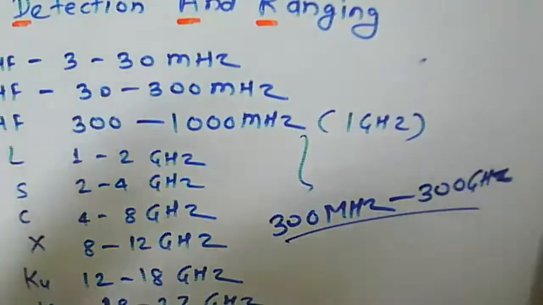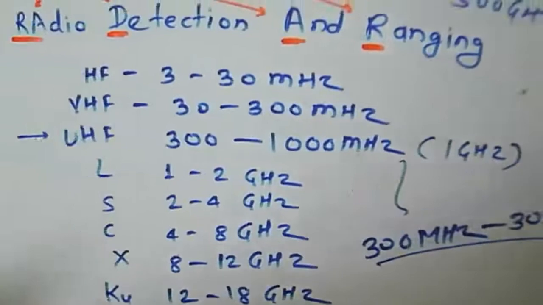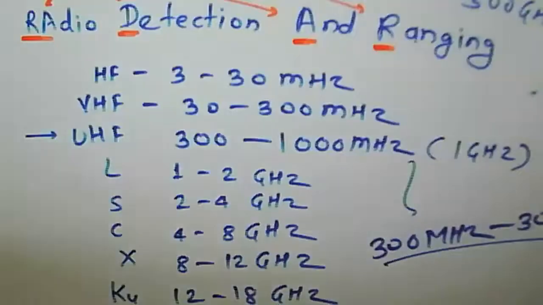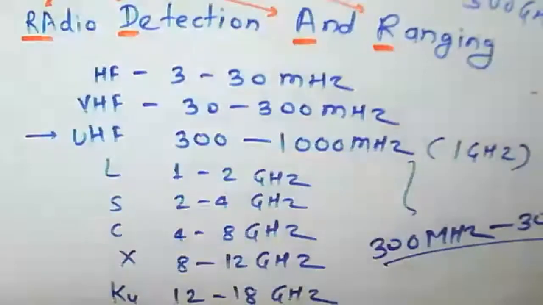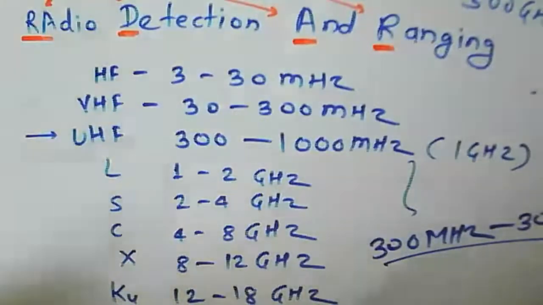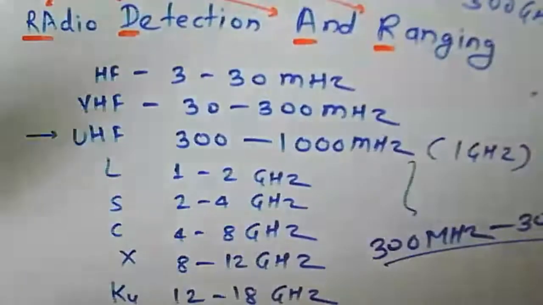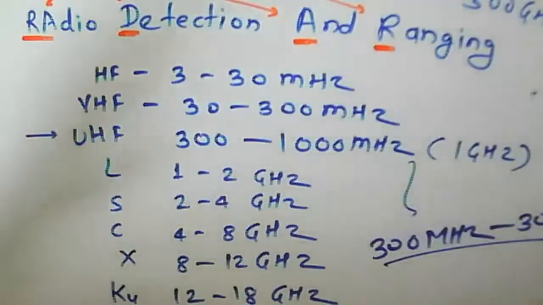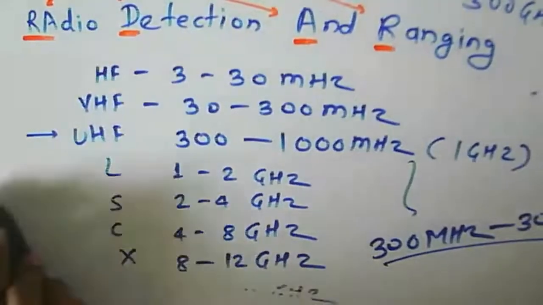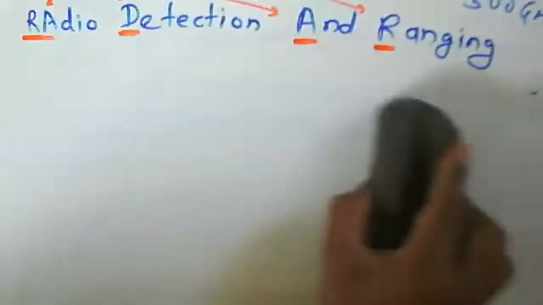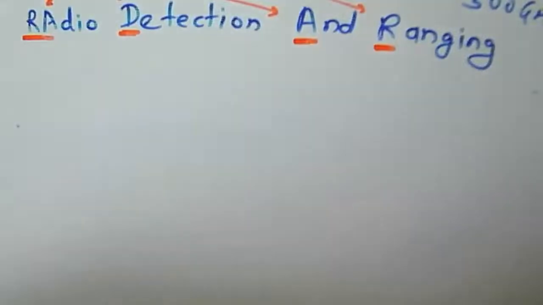Now, what exactly is the signal transmitted by this radar? Generally, radar uses two types of signal: a pulse signal or a continuous wave signal. Based on which signal is used by the radar, pulse or continuous wave, there are different types of radar.